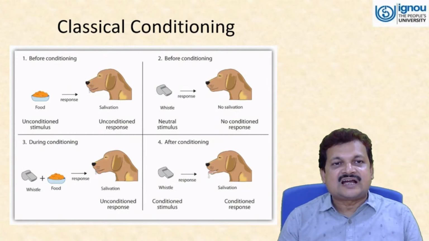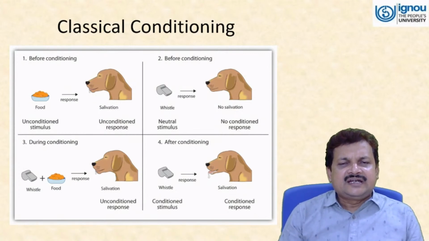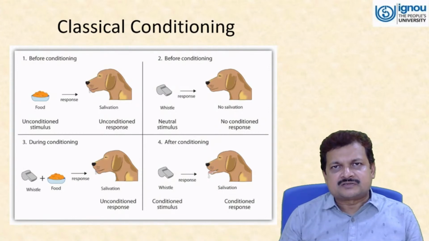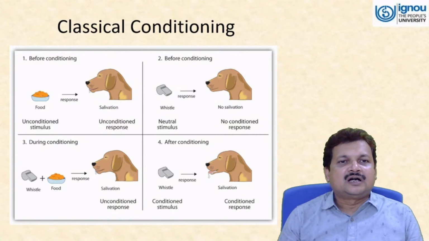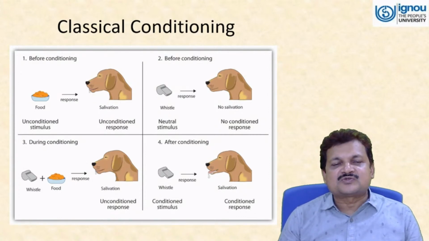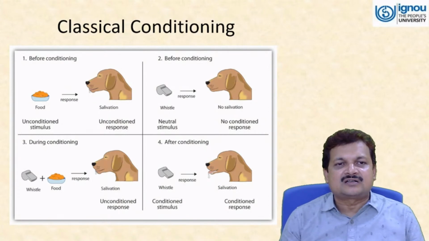This shows that any product can be conditioned. We can say these kinds of things are utilized in jingles in the advertisement for any product. Initially, with jingles, they associate one music with the product.